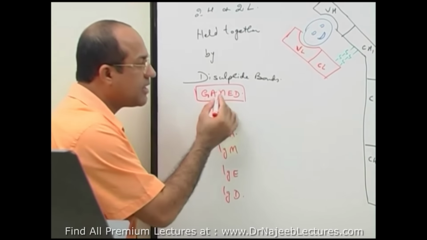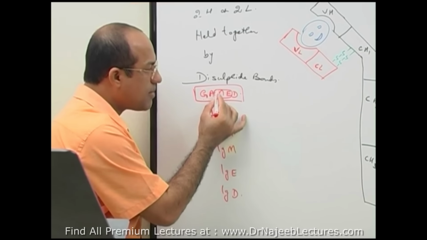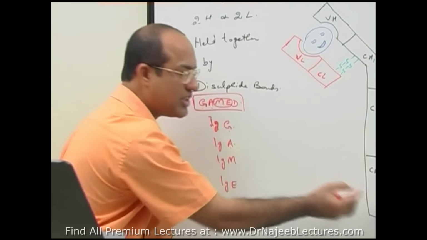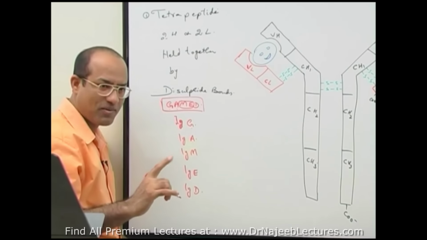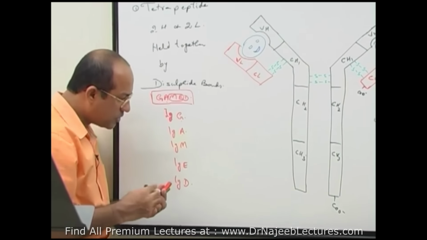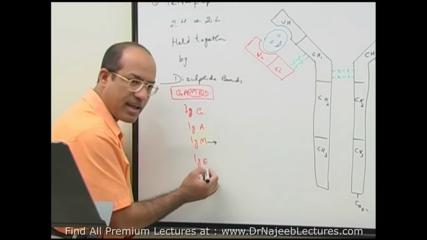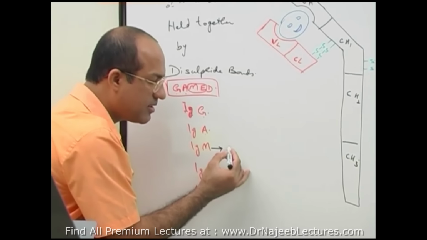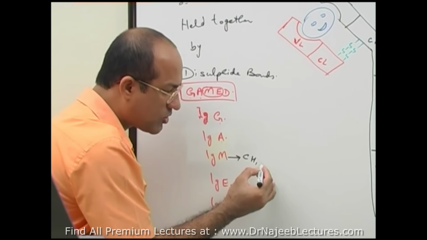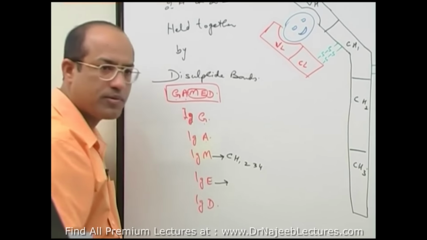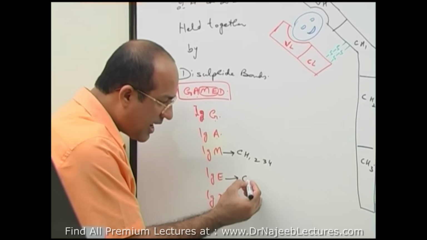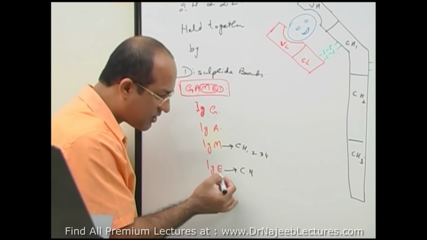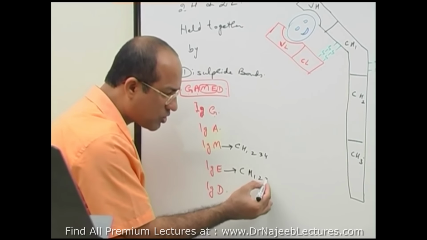Out of these, M and E are very important, you know. M has a longer heavy chain. What does it mean? Basically, immunoglobulin M and immunoglobulin E have heavy chains with constant domain number 1, 2, 3 and 4. So the constant domains of the heavy chains in immunoglobulin class M and class E are how many? 1, 2, 3 and 4.